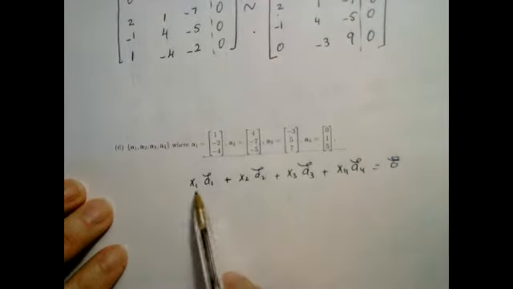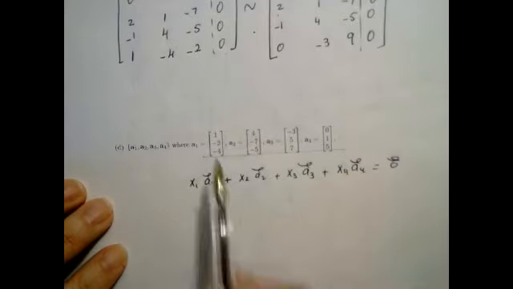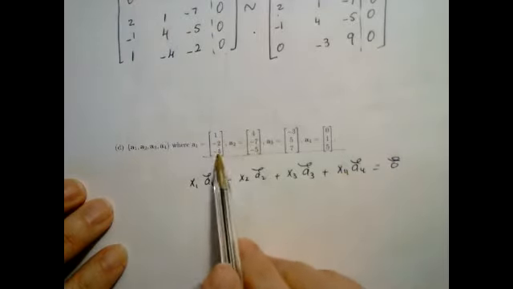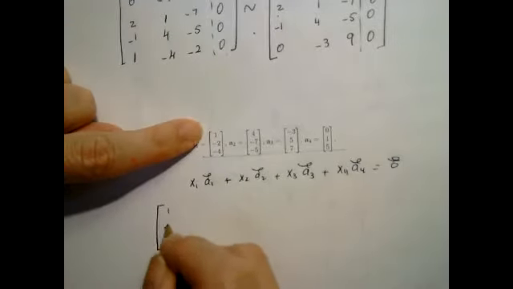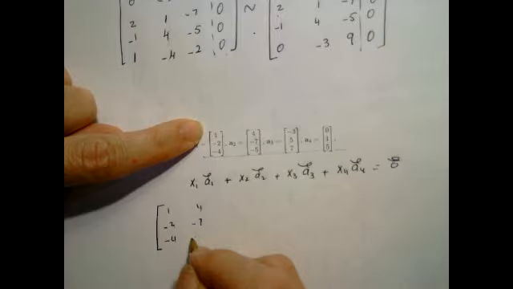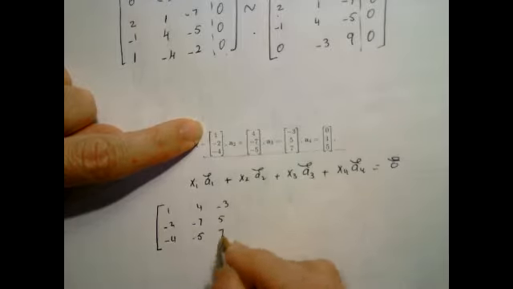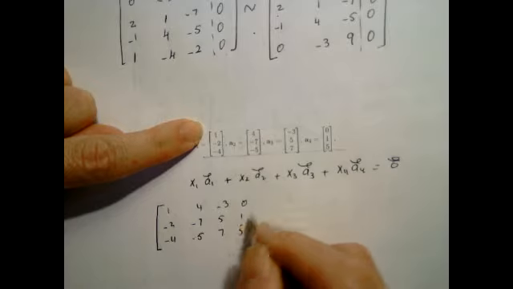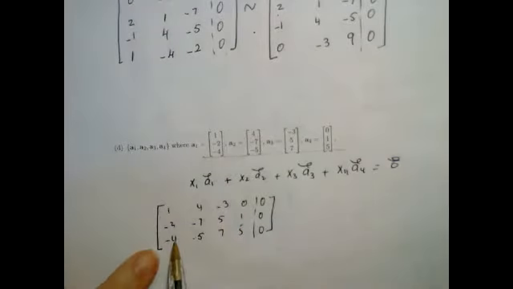And this is gonna generate a system. How many unknowns? 1, 2, 3, 4 unknowns. How many equations? It depends on the number of entries. So when I'm gonna solve, it's gonna generate a system of 3 equations with 4 unknowns. So one of the unknowns cannot be a basic variable because the maximum number of basics has to be 3. Since I have 3 rows and every row can contain 1 leading entry, the maximum number of leading entries is 3.